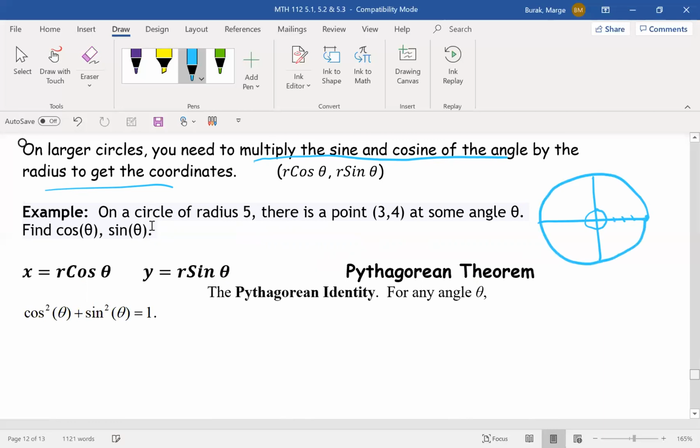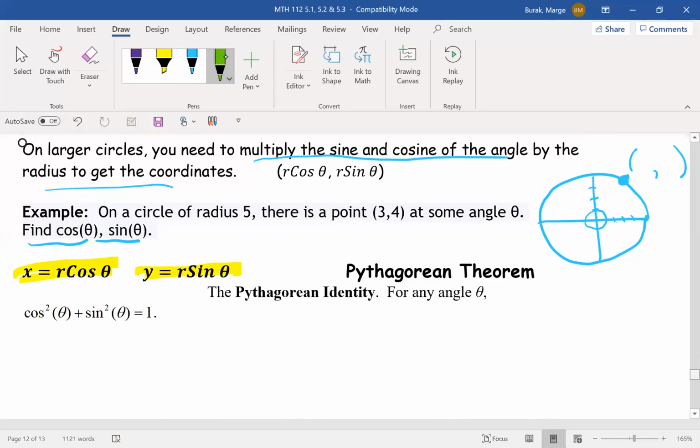There is a point at some angle theta. We want to know what's the cosine and what's the sine of that. So here's the point, 1, 2, 3, 1, 2, 3, 4, right there. Instead of just x being the cosine and y being the sine, we have to multiply by the radius, okay?